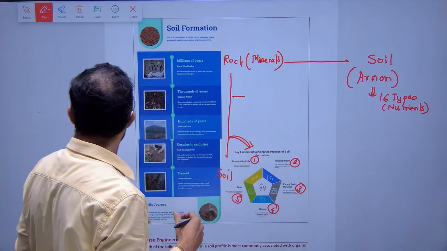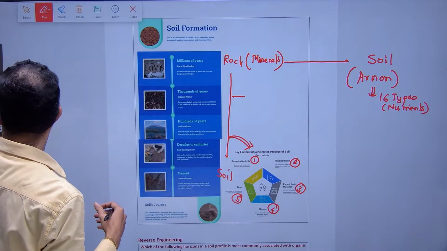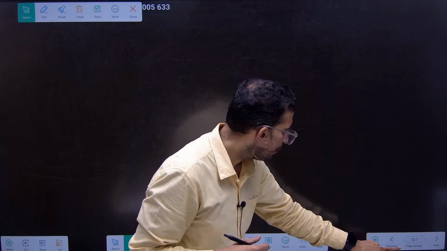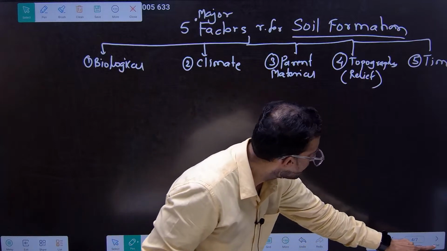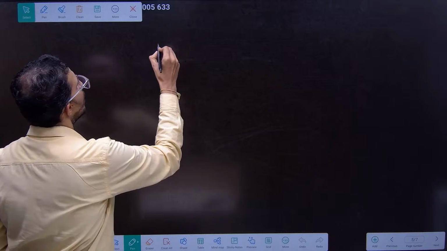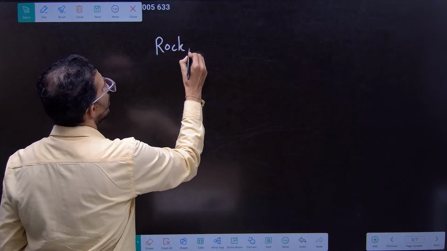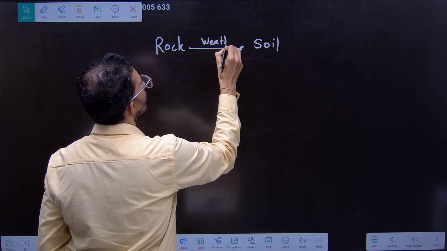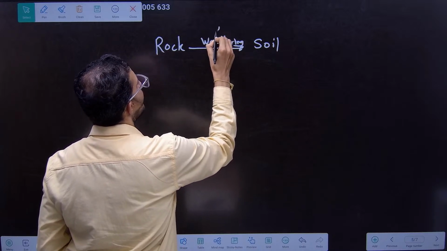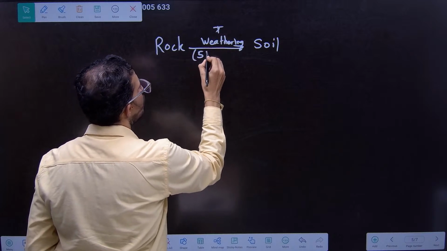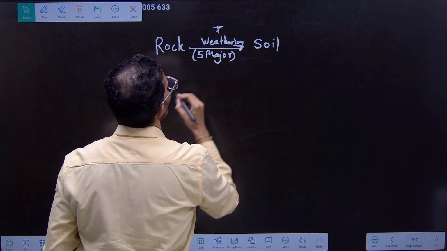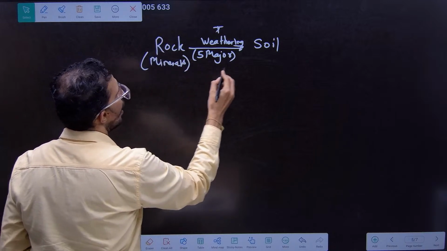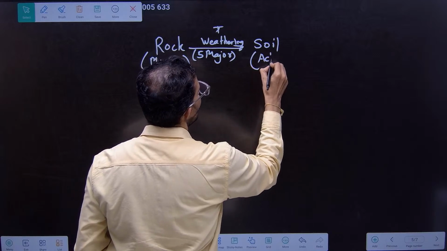Like let's see which nutrients are required. Rock, then again weathering process, where time along with 5 major factors, and this is a pool of the minerals and soil, that is the active factor.